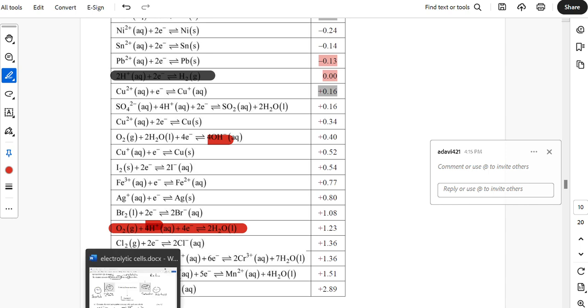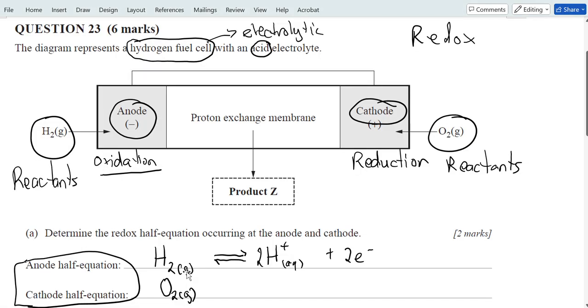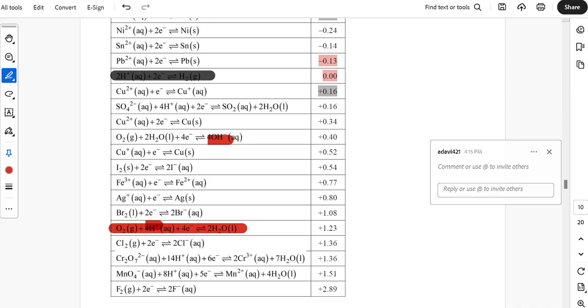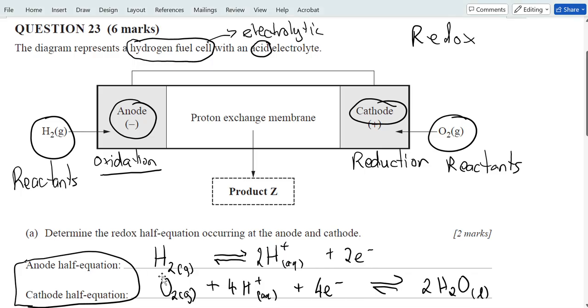I go back to my question and write it out exactly as it is from the data booklet. Just make sure I've got them right. Okay, good. That's that part of it done.